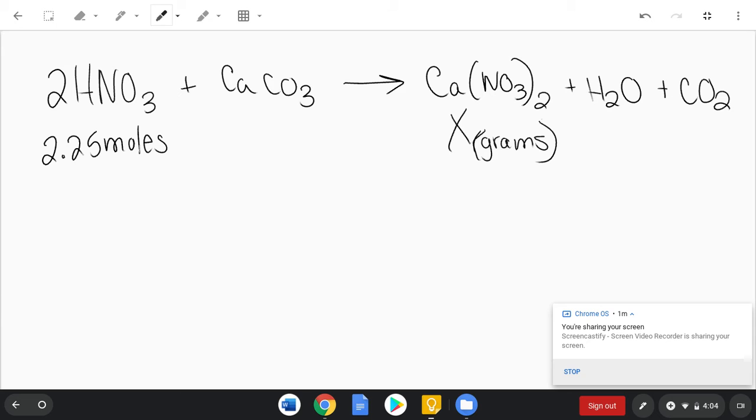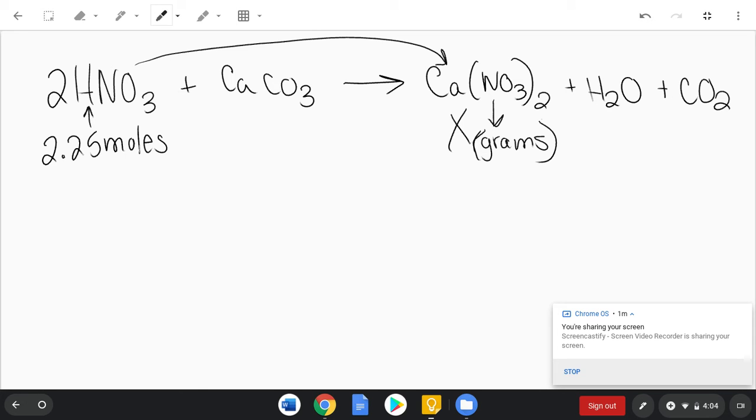This one is actually a little bit shorter than the ones we did in class yesterday because I'm starting with moles. So here I need to go from moles of this substance to moles of CaNO3 to grams of CaNO3.